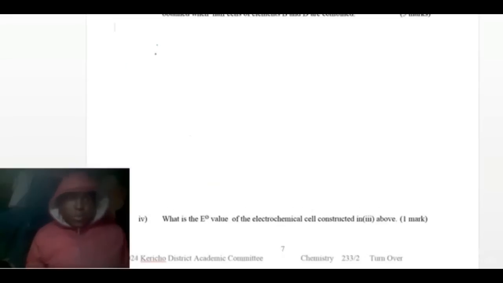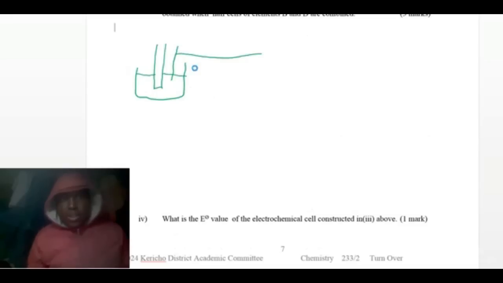So you draw the electrode, you put the electrode into the solution, and then you remember to draw the salt bridge. You draw the salt bridge, and then you draw the electrode on this side.